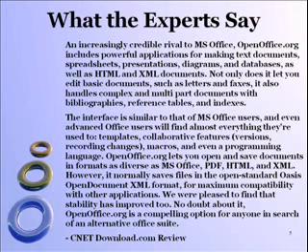Not only does it let you edit basic documents, such as letters and faxes, it also handles complex and multi-part documents with bibliographies, reference tables, and indices. The interface is similar to that of Microsoft Office users, and even advanced Office users will find almost everything they're used to: templates, collaborative formats, macros, and even a programming language.